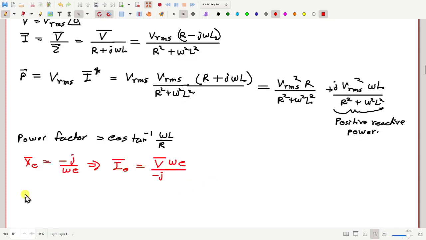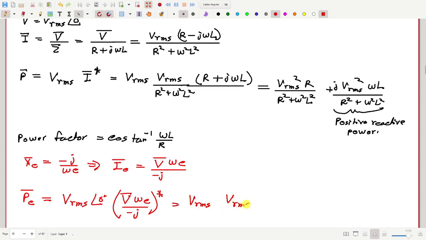So now how much will be the complex power taken by the capacitor? That will be V RMS at 0 degrees times this current, which is V bar omega C by minus j, whole star.